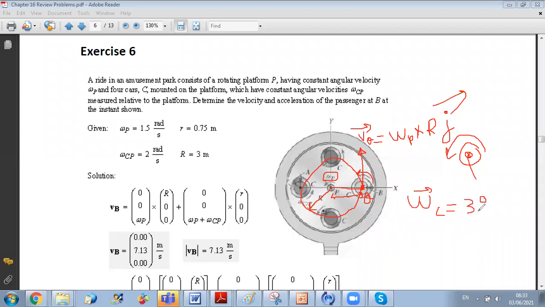All I have to do now is to relate points B and O. So because B and O are 2 points of one rigid body, I can write that velocity of B is equal to velocity of O plus omega of the car absolute, the total angular velocity of the car, vectorial OB.